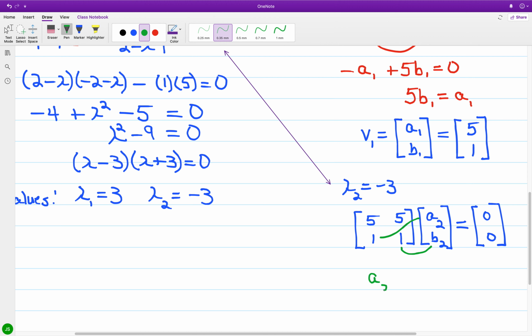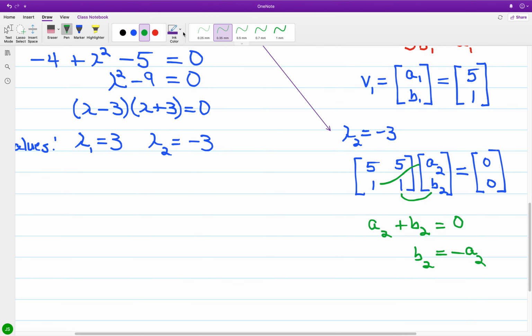Say I have a of 2 plus b of 2 is equal to 0. So in this case, b of 2 is equal to the negative of a of 2.